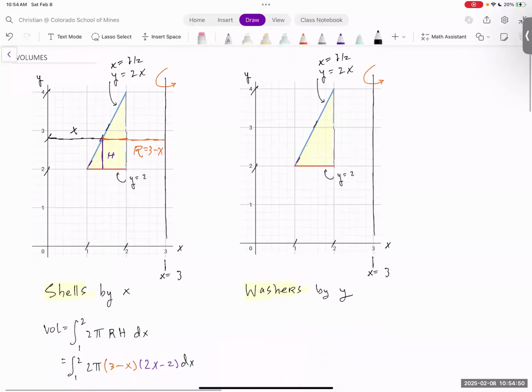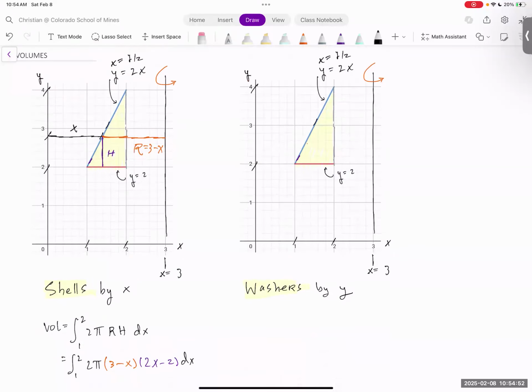The washers. Washers by y, we would have 2 radii. Again, the inner radius goes from the axis of rotation out to the first curve. There's our inner radius. Our outer radius goes from the axis of rotation out to the further curve, and that's our big R. And we already have an idea how big the big R is.